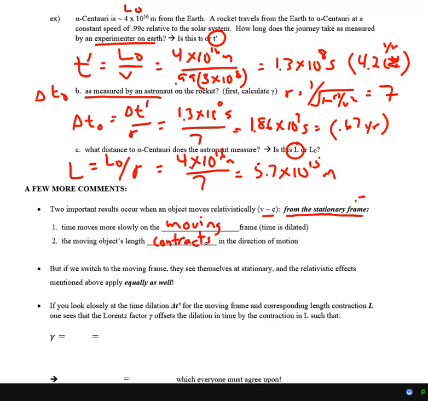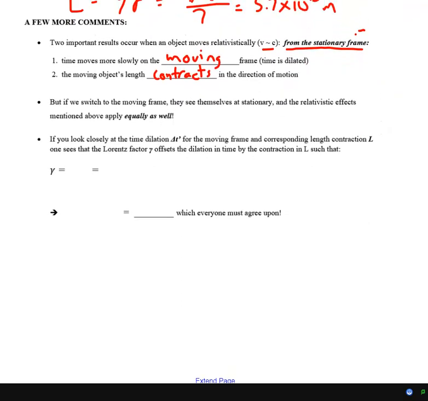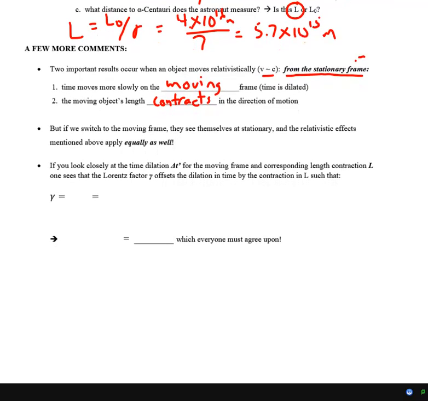And then if you try to put it all together, let me see if I can scroll down here. One last comment: we're looking for some consistency between the two frames, and that constant, if you will, is the speed of light. So let's show how we can work that out with our equations.